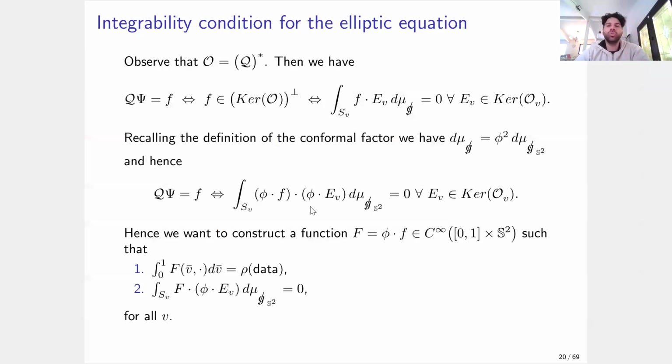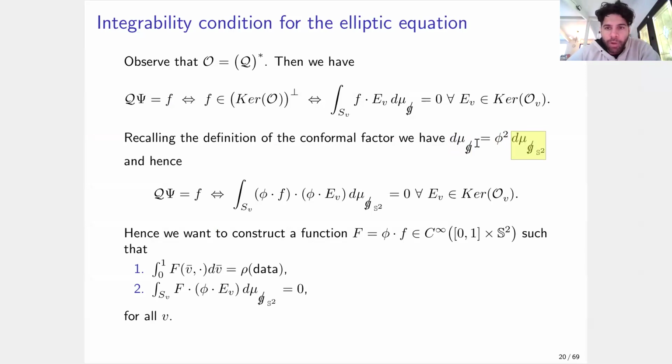It's now the time to use that round unit metric. How are the round unit metric and the original metric related? They are related in terms of the volume form. We know that the volume form of the original metric is this conformal factor, and that's how you define the conformal factor, times the volume form of the unit metric.